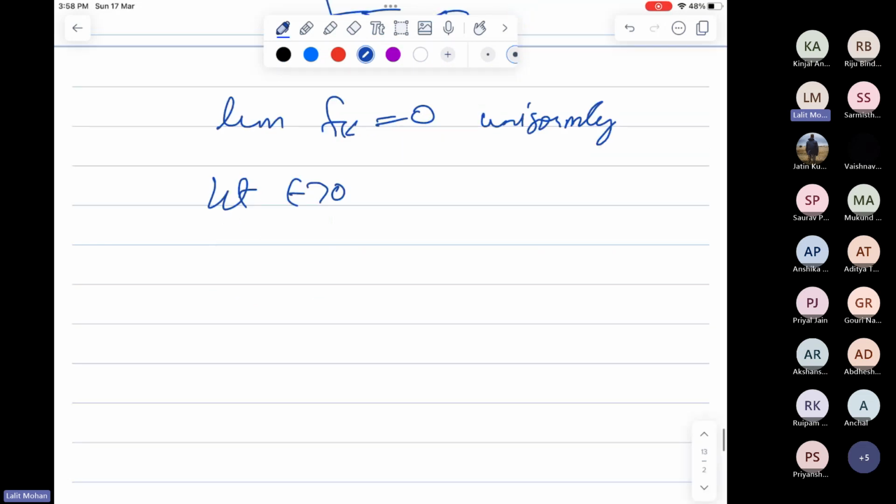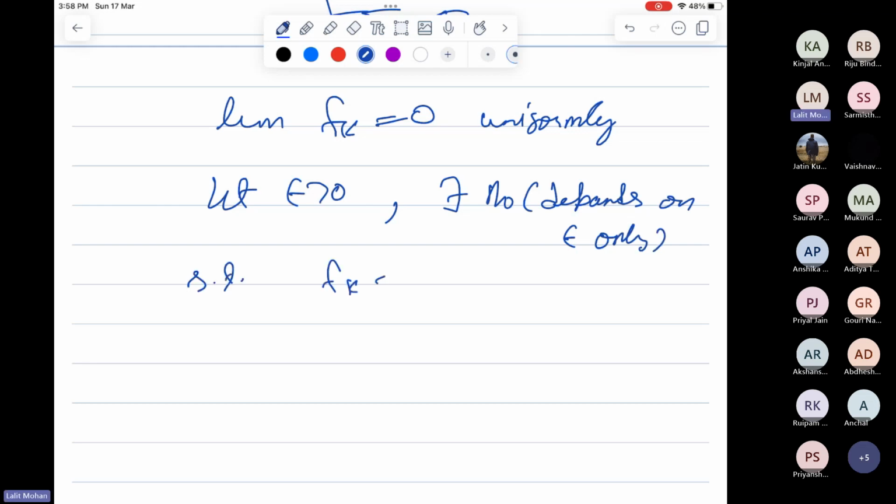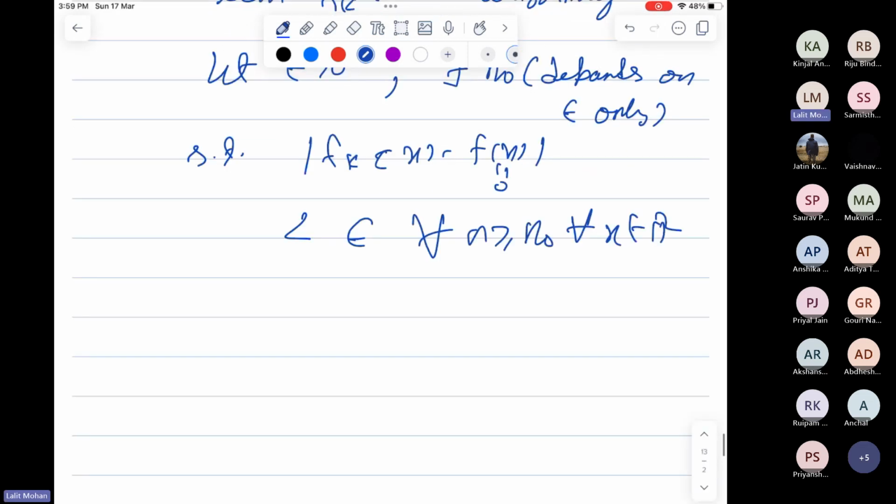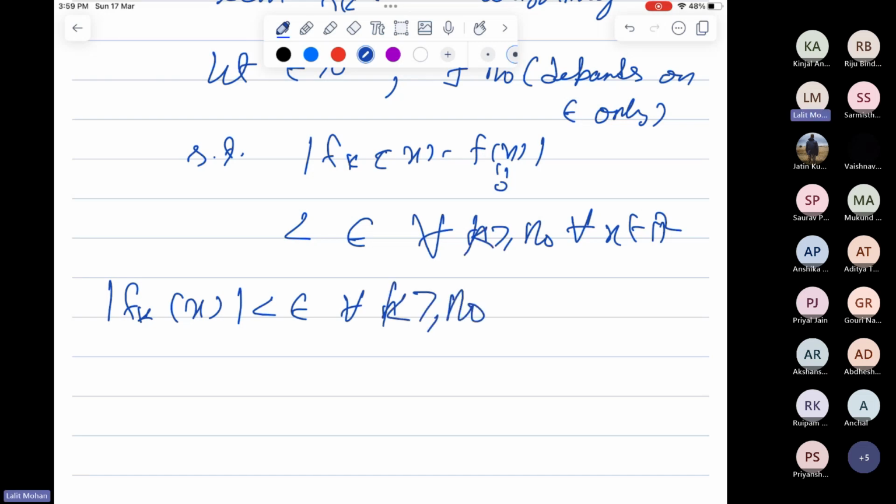We need to find a stage n naught depending only on epsilon, not on any point, such that the modulus of f_k of x minus f of x, which is 0, is less than epsilon for all n greater than or equal to n naught, for all x belonging to R. So basically we need to show this for all x. So this is k. Just don't get confused by these notations.